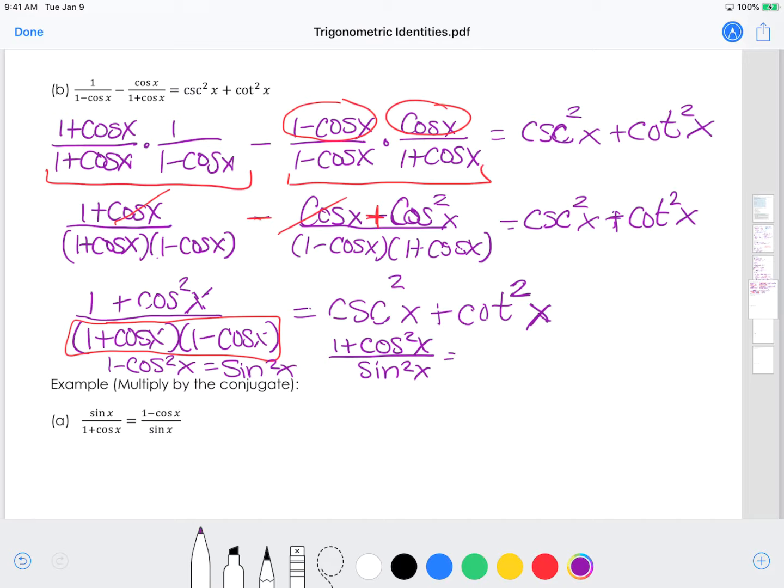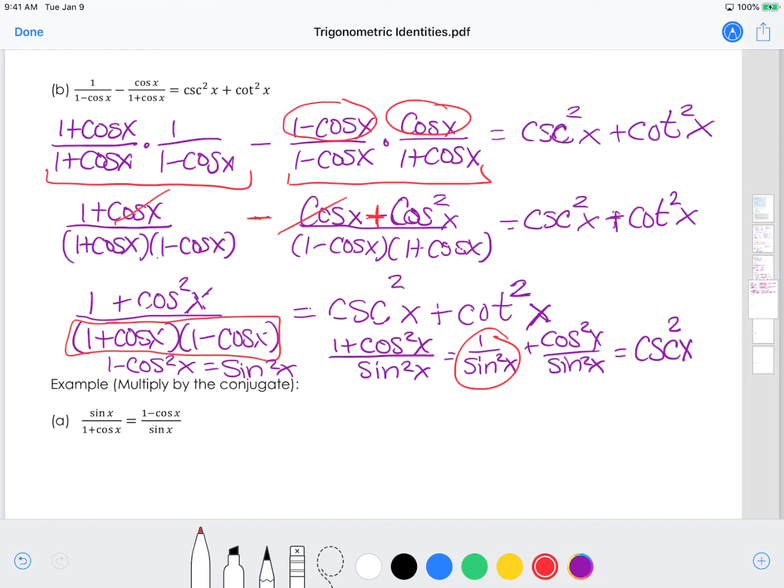Now, if I simplify that fraction and I write that as 1 over sine squared x plus cosine squared x over sine squared x, and I split that fraction up to simplify it, that's going to give me cosecant x squared, because sine and cosecant are reciprocal.